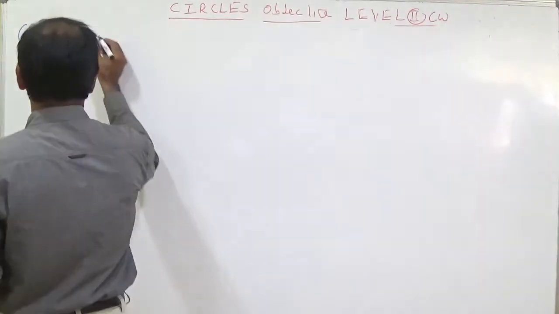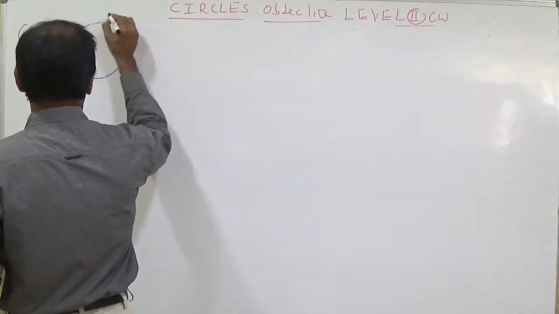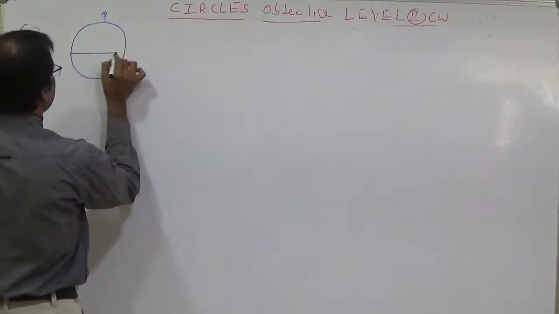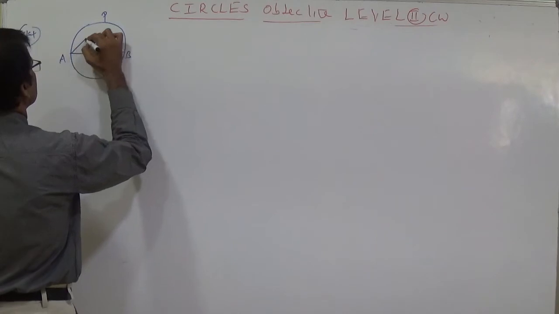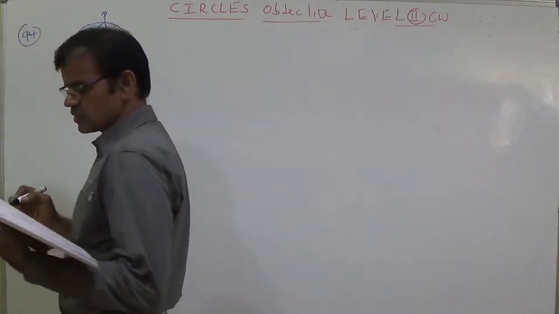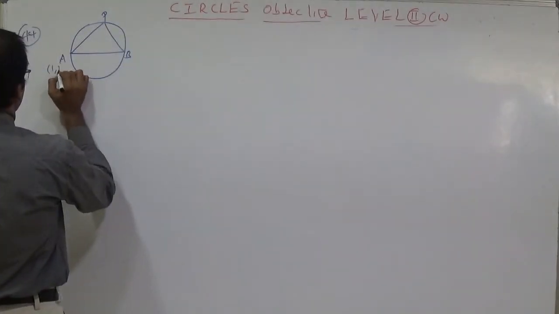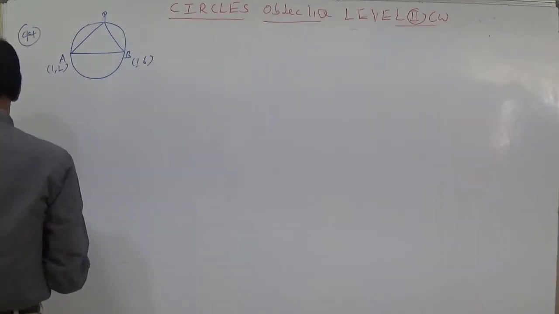How many positions of P are possible like this? Here A = (1, 2) and B = (1, 6).